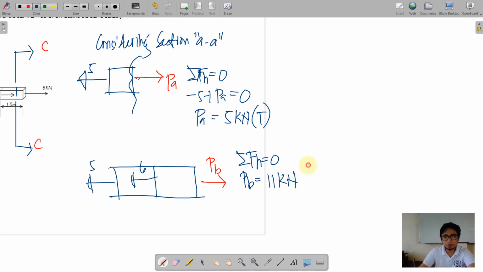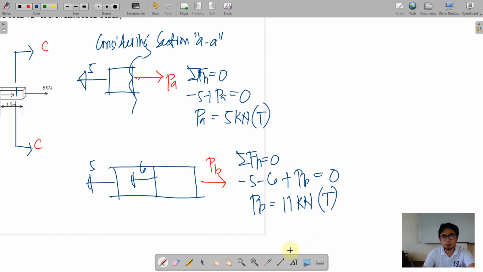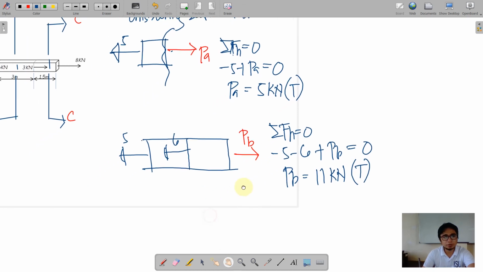Now this should be in tension. Or shall we write it properly? Negative leftwards, positive rightwards is equal to 0. So just the same, we will yield a positive answer. Initially we assumed it to be rightwards or away from the joint, and found out we have a positive answer, therefore we maintain that direction to be a tensile orientation of force.